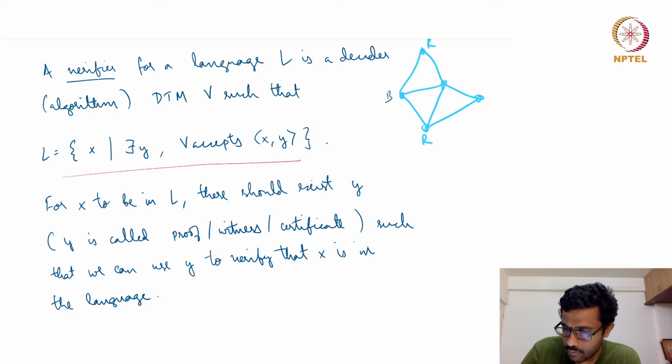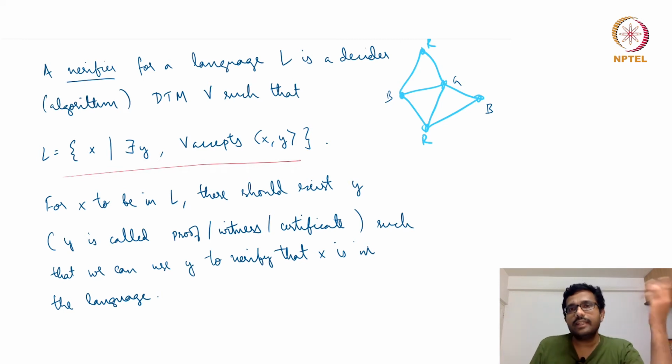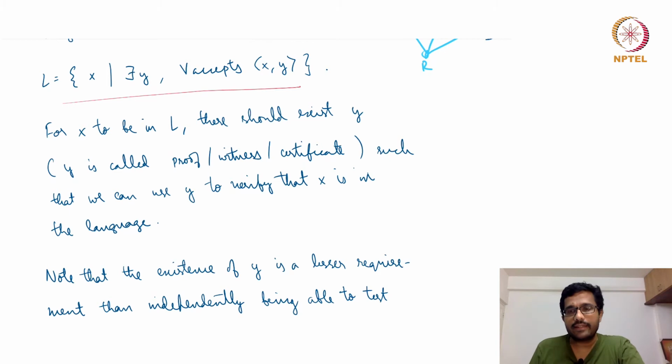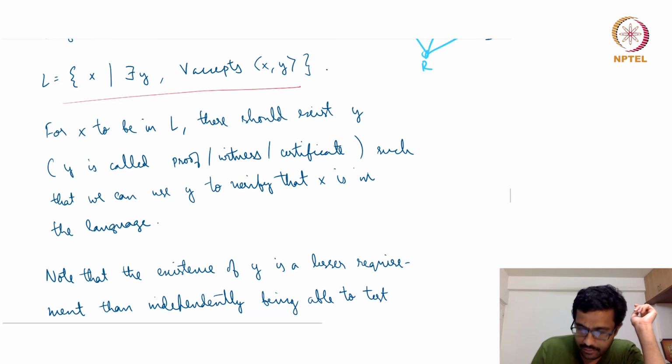Let's say this is blue, this is green, and this is blue, right? So this is different from the earlier coloring, so there are multiple certificates. It doesn't need multiple certificates, but there should be at least one certificate. So if X is in the language, there should be some certificate Y such that we should be able to verify that X is in the language with the help of Y. And Y is called proof or witness or a certificate.